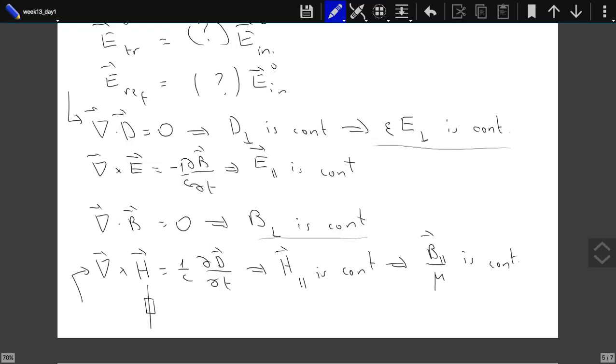Now the right-hand side gives me the flux, but then I set this length to 0. So that flux just disappears. So again, the boundary conditions do not depend on D, and hence they don't depend on epsilon.